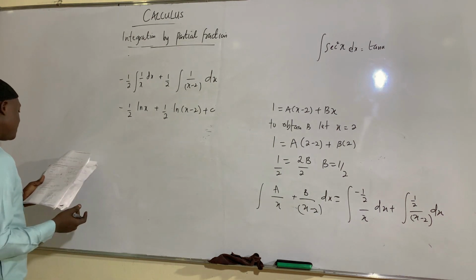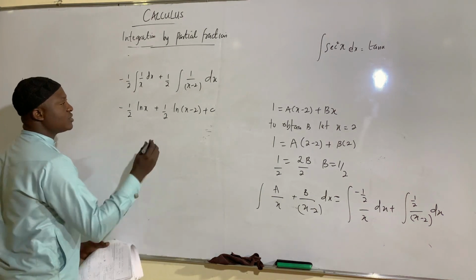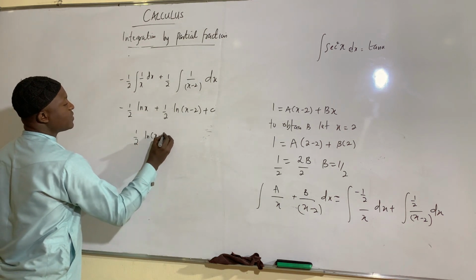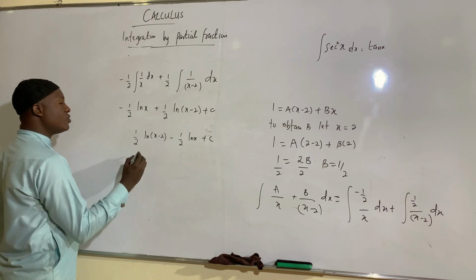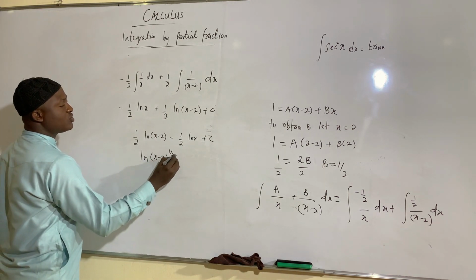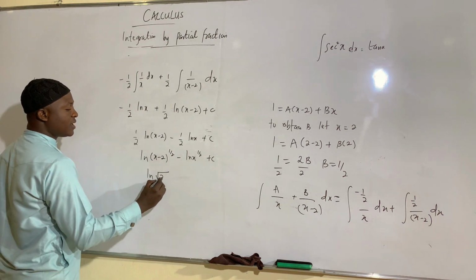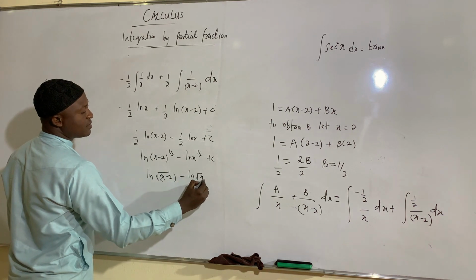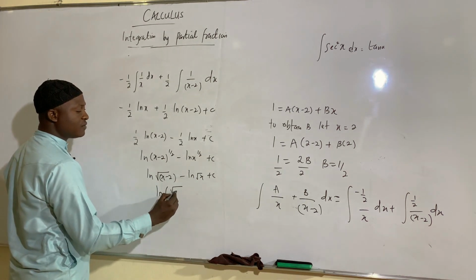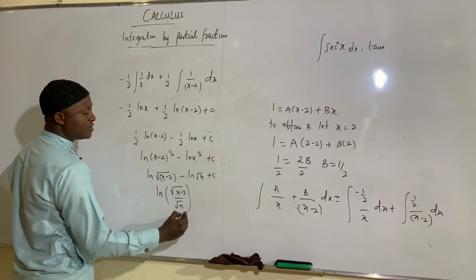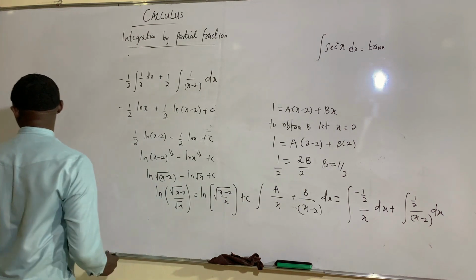Some can change it, for example, to 1 over 2 ln (x minus 2) minus 1 over 2 ln x plus C. So the 1 over 2 can go into the log: ln root of (x minus 2) minus ln root of x, then plus C. Under the law of logarithms, subtraction changes to division, so we have ln of root of (x minus 2) over root of x, which is nothing but ln root of (x minus 2) over x, then plus C.